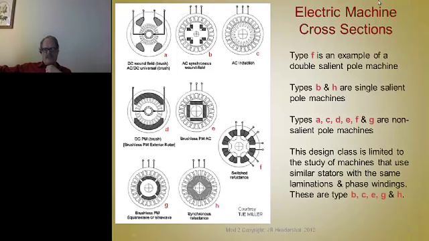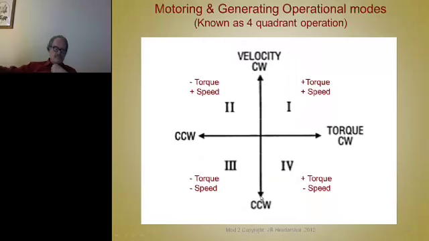So the inductance ratio is equivalent to the saliency ratio in these kinds of machines. That's what I wanted to point out. But we're not studying the switched reluctance machine in this series because it uses a different stator and different winding. It's a whole different design topology, so it's not easy to compare it with these other machines. We'll have to treat that as a separate topic all by itself.